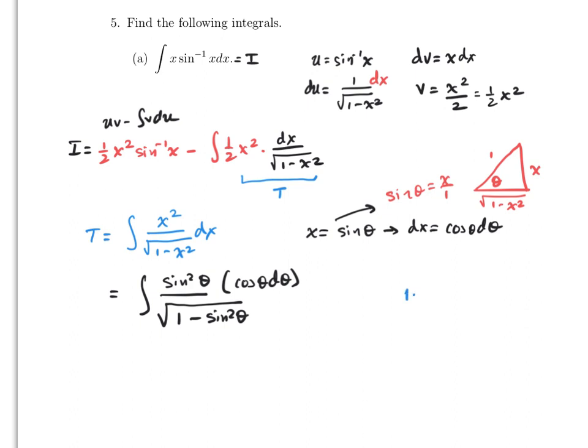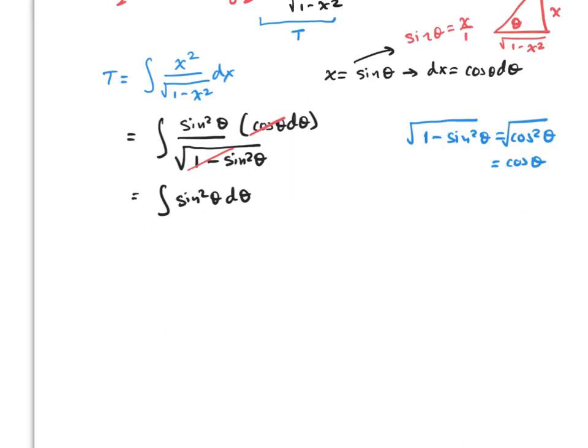But recall that 1 minus sine squared theta is just cosine squared theta. So therefore, you take the square root. This is just equals to cosine theta. So therefore, this will cancel this part, and you end with just sine squared theta d theta.